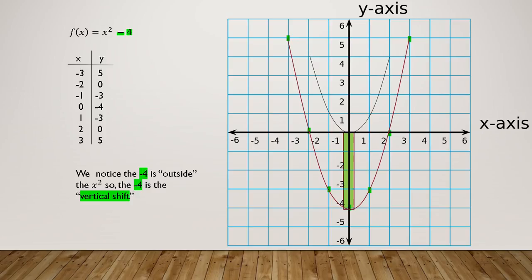It has a -4 shift, which means a vertical shift down. So the origin in the basic model is 0, 0. But the origin on the newer function is 0, -4. So we can say that anytime a number is outside the function, that's going to be our vertical shift. And it represents that area right there.